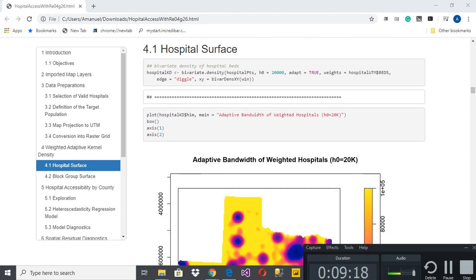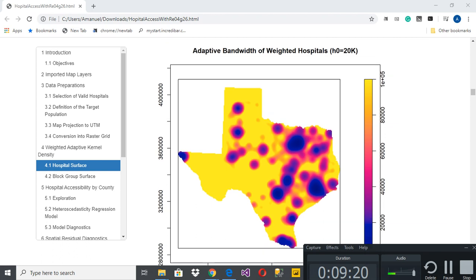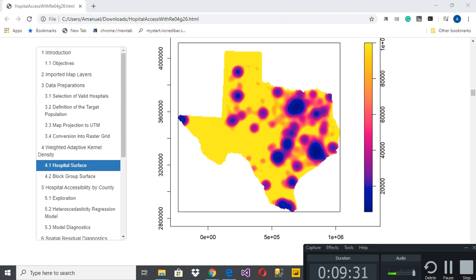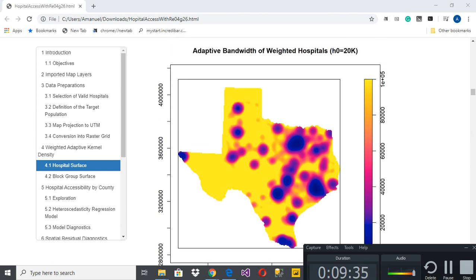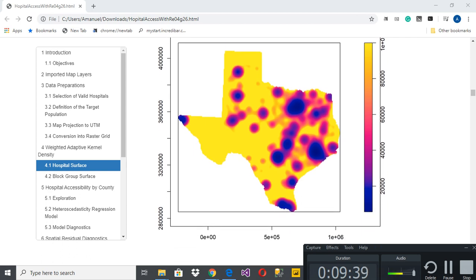Using this method, this is the hospital surface using adaptive bandwidth of 20 kilometer global bandwidth. As we can see from this map, even though the global bandwidth is supplied as 20 kilometers, it varies from 10,000 to 100,000 meters or 100 kilometers.